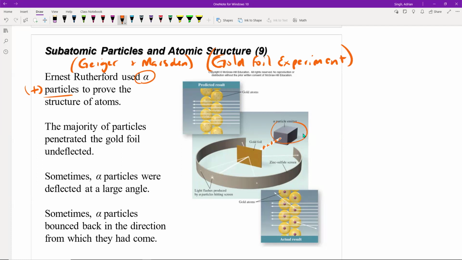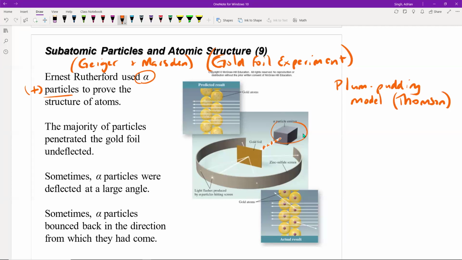And based on the prevailing theory of the atom at the time, which is called the plum pudding model, put forward by our friend J.J. Thomson, we would expect all of these positive particles to go right through the gold foil unimpeded, so go straight through.